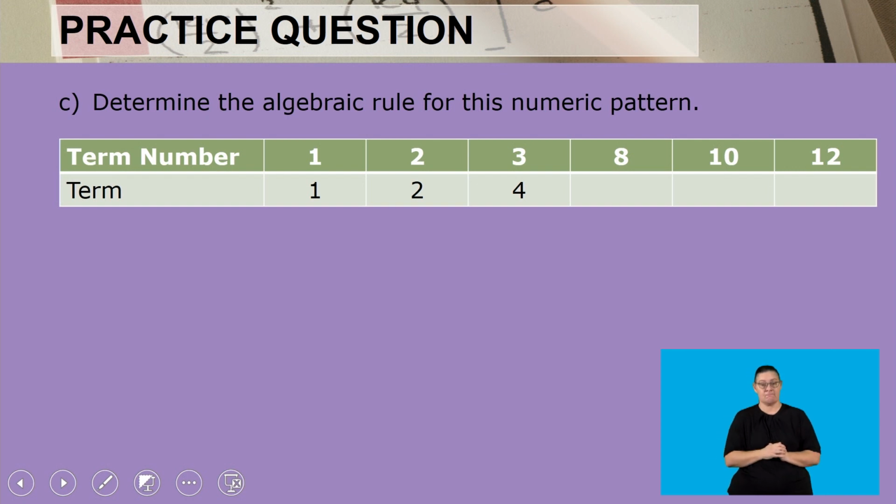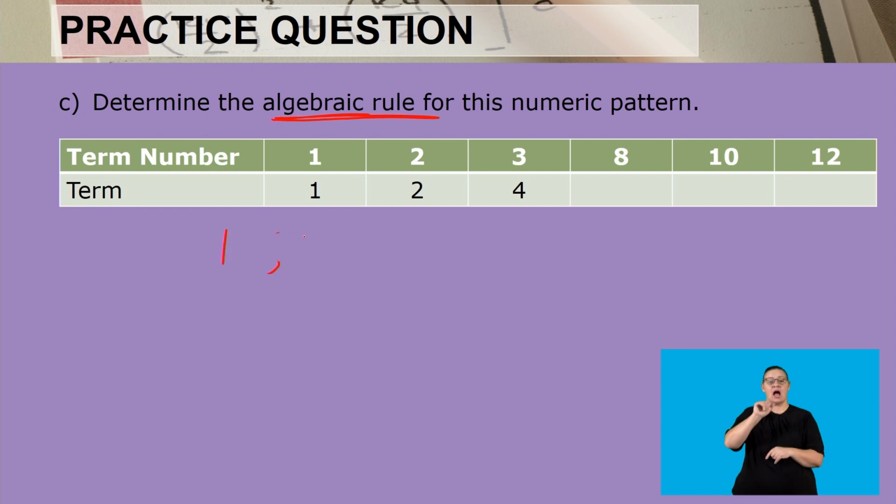Now, that same numeric pattern that we have represented in a table, we need to find the algebraic rule. Can you see the first terms that we have there? So we have a 1, a 2, and a 4. Remember from the previous one, from that 4, we had an 8 as the fourth term, and from that 8, we had a 16 as the following term. So how are we going to find now that algebraic rule?